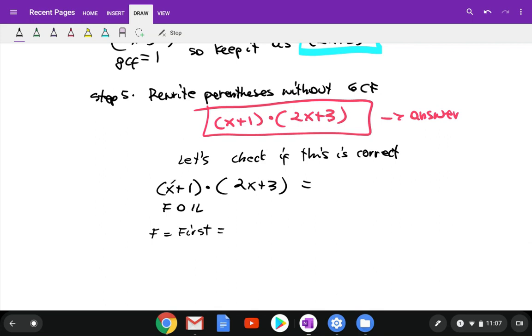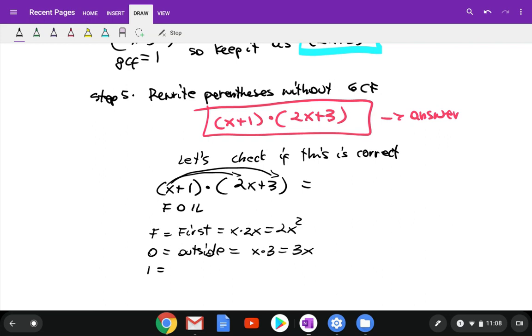Multiply first. So you multiply x times 2x. You're getting 2x squared. O stands for outside. So you multiply x times 3, which is just 3x.